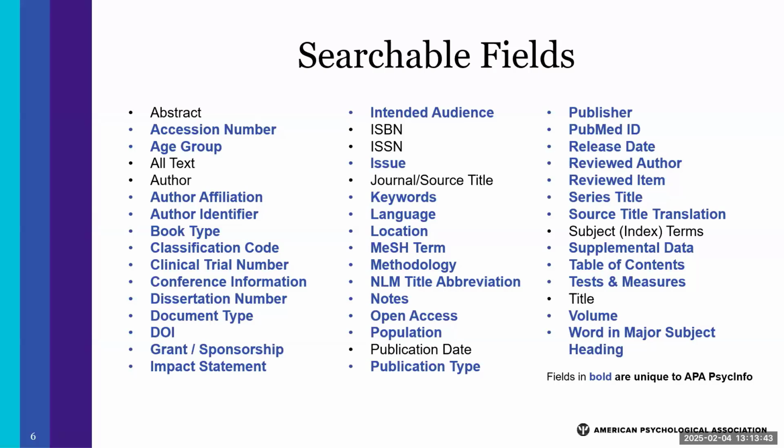We're talking methodologies, document types, grant sponsorship information, tests and measures, author affiliation, specific ways to search, and also, again, all this information included in the record summary. So you have a good picture about how exactly the research was being conducted. And again, if you want to deeper dive into some of these fields, please come back for our advanced search later this month or into March.